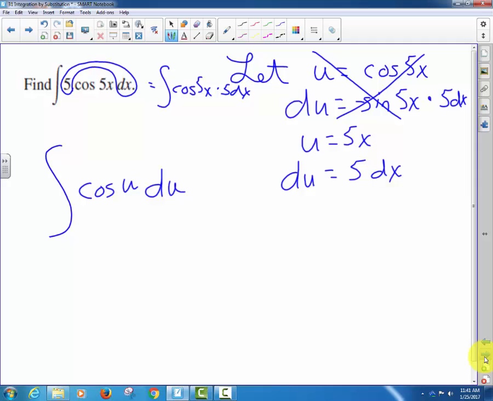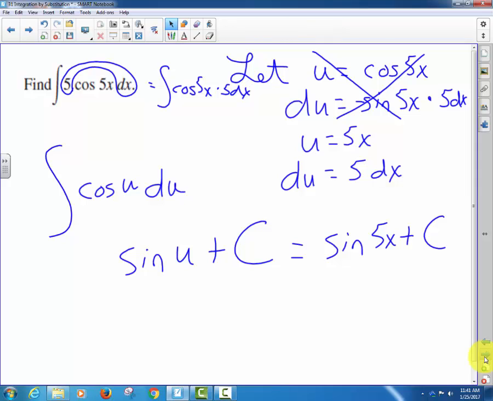What's the antiderivative of cosine? Sine, very good. So we've got the sine of u plus c. If we want to get it back in terms of x's, what do we put in place of u? 5x. So we get the sine of 5x plus c.